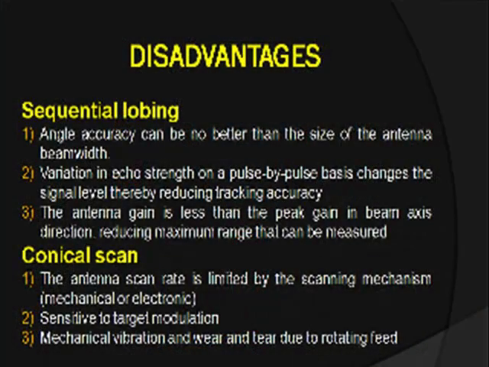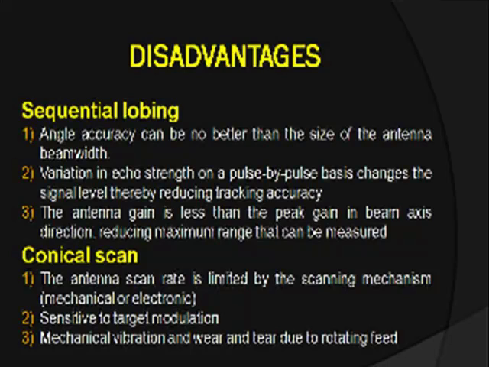So, here we will have a comparison between sequential lobing and conical scan in terms of their disadvantages. In the case of sequential lobing, angle accuracy can be no better than the size of the antenna beam width.